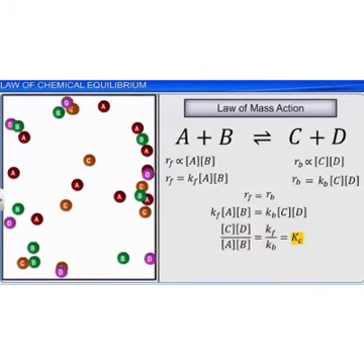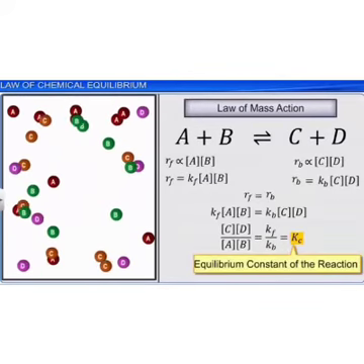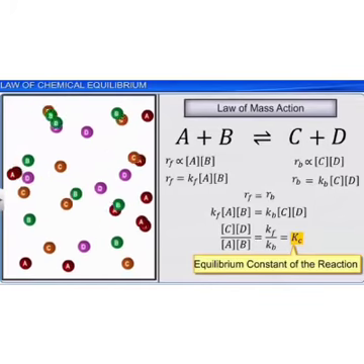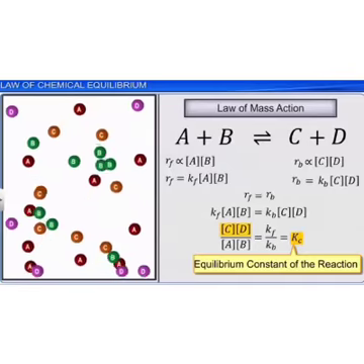Here, Kc is called the equilibrium constant of the reaction and is defined as the ratio of the product of the molar concentrations of the products to that of the reactants.